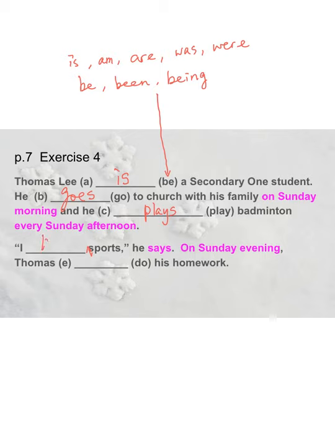It should be: I like sports, he says. On Sunday evening, Thomas does his homework. We use simple present tense because it talks about the facts and habits of Thomas. They are still true when we are speaking.